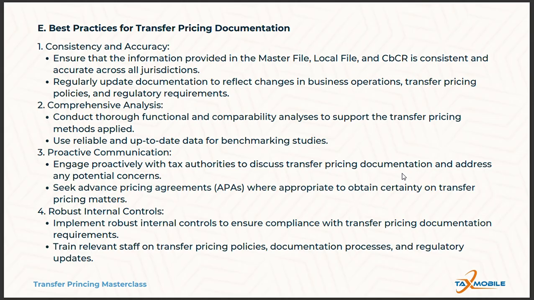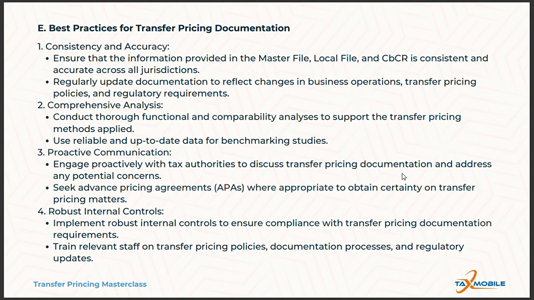I would also like to discuss the exemptions and extensions of submission for connected persons whose total value of control transactions is less than 300 million. So what I'm saying here is that there is an exemption from maintaining contemporaneous documentation.